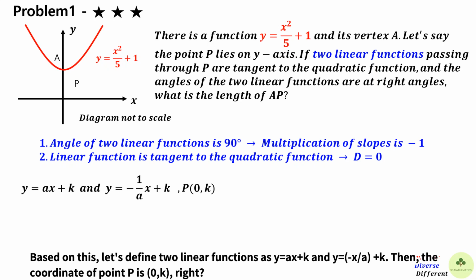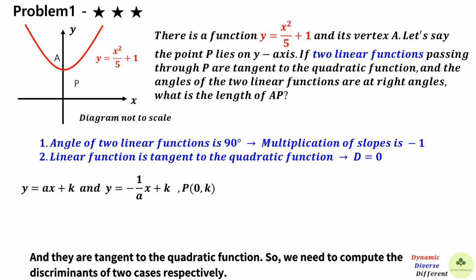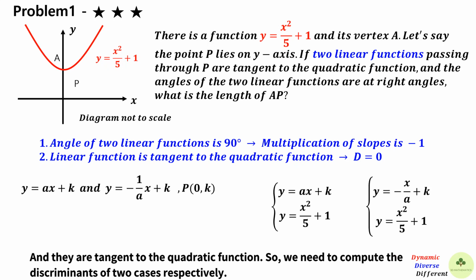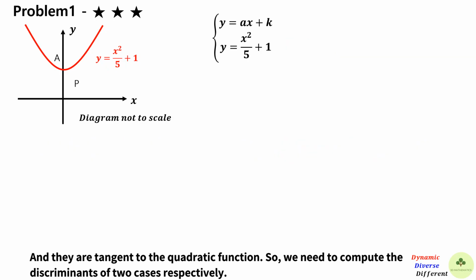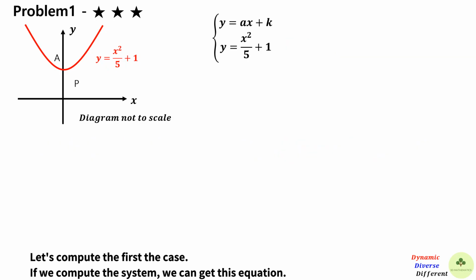Then, the coordinate of point P is (0, k), right? And they are tangent to the quadratic function. So, we need to compute the discriminant of the two cases respectively. Let's compute the first case.